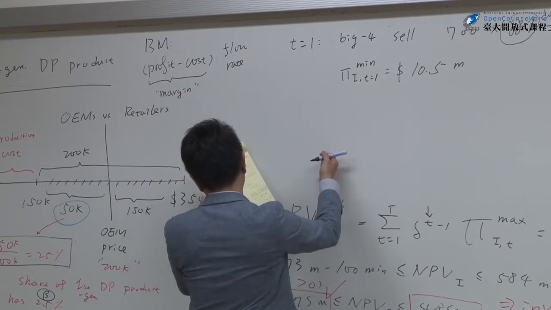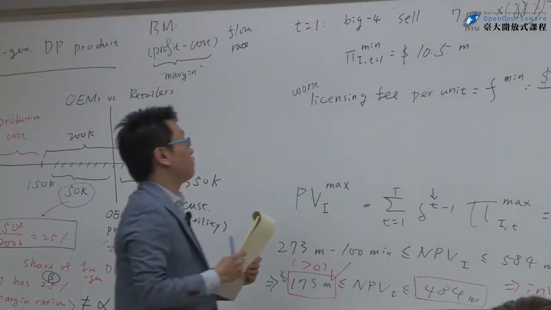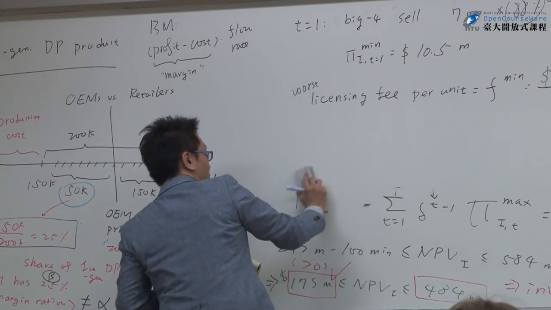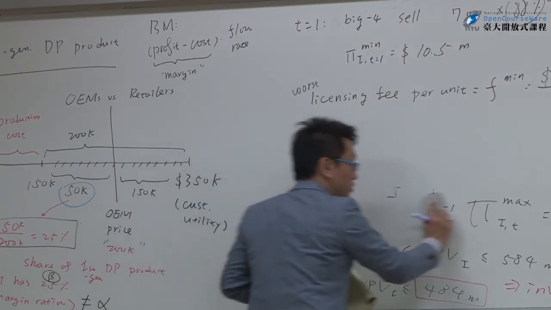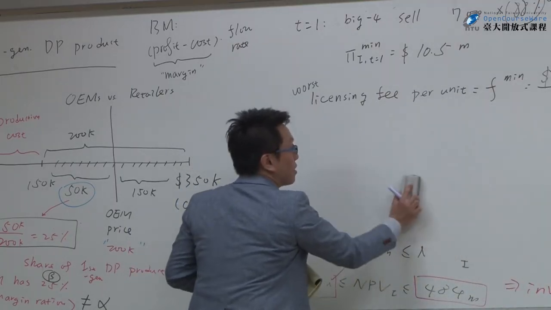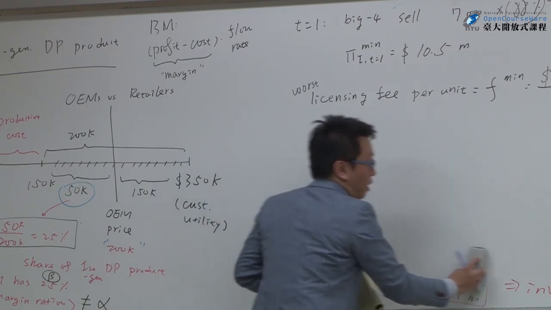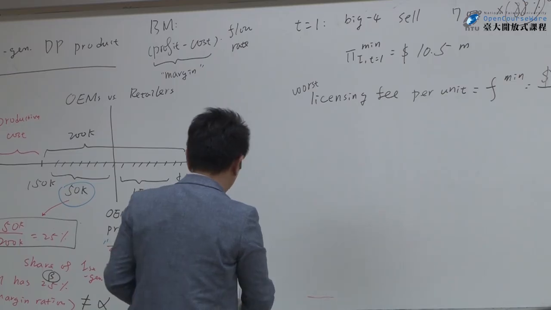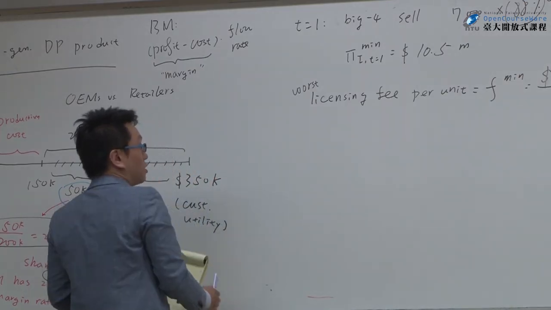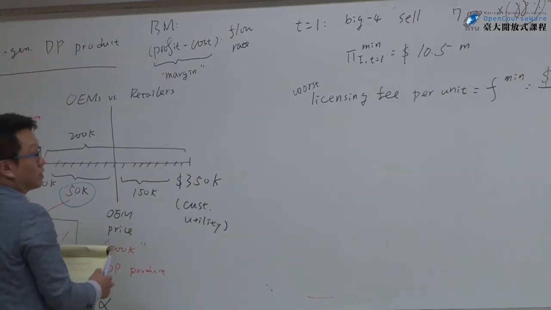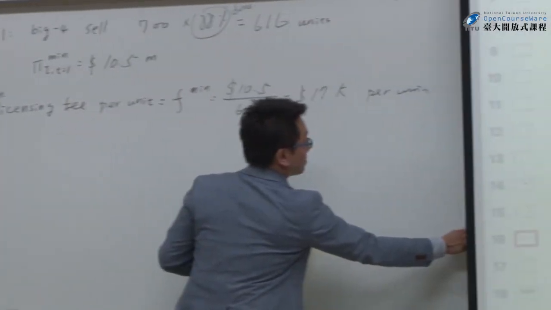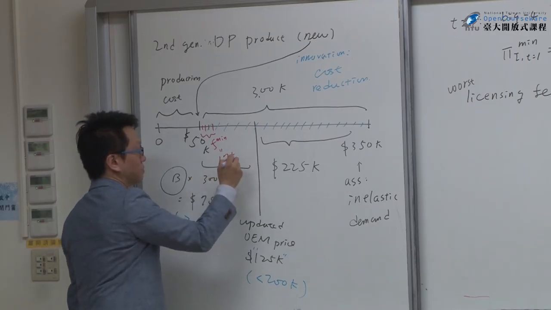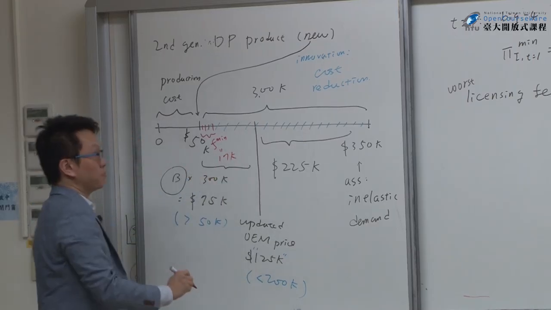And now I want to calculate the licensing fee. I take pi minima as 10.5 million and divide by the total sales amount for the new generation product in year one, that is 616. As an innovator, I should charge 17K per unit for the margin you create in the second generation product. In the worst case, I should charge 17K for the margin from OEMs.